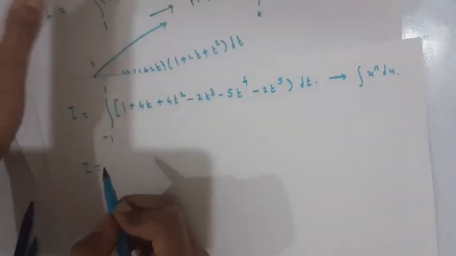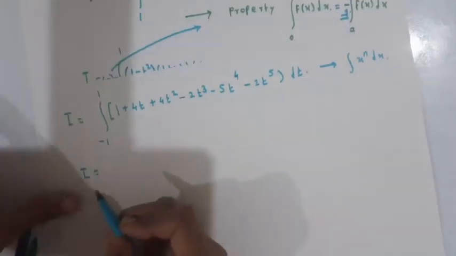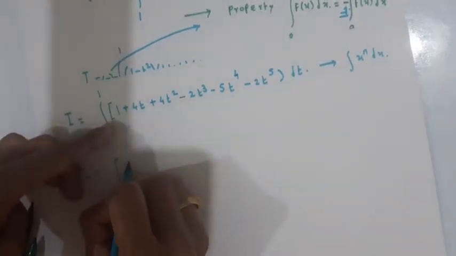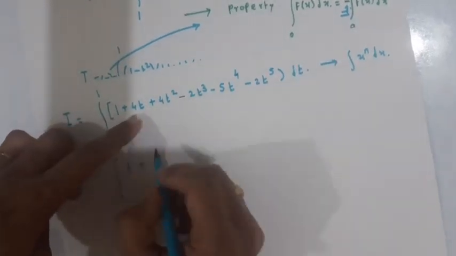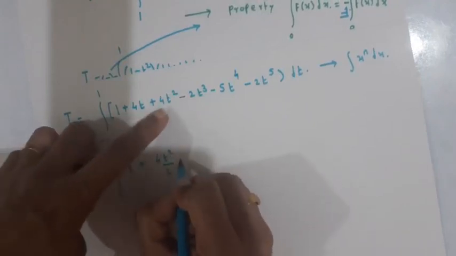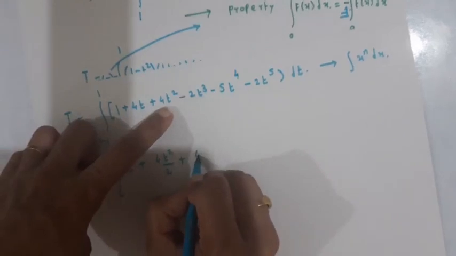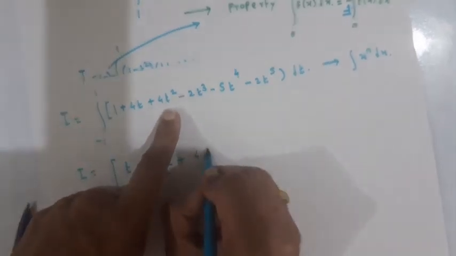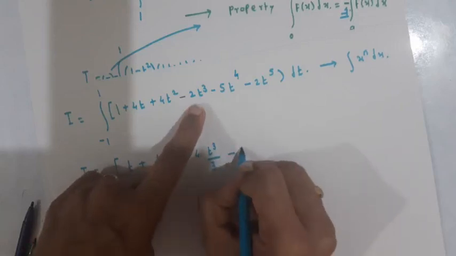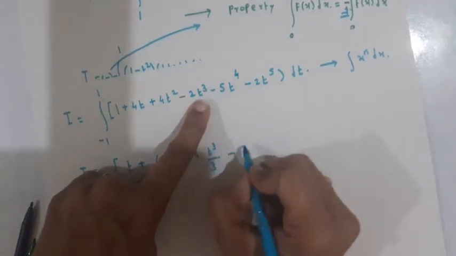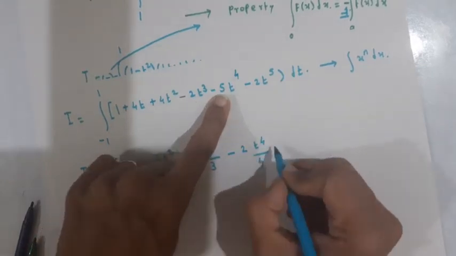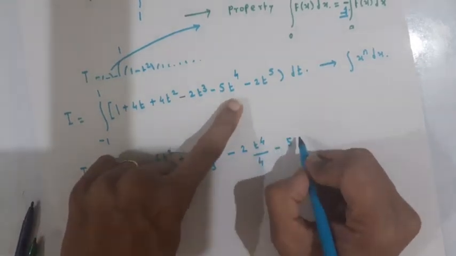to, that is, integration of 1 is t plus integration of 4 t square upon 2 plus this 4 as a constant, integration of t square is t raised to 3 upon 3 minus 2 is a constant, integration of t raised to 3 is t raised to 4 upon 4 minus 5 as a constant.